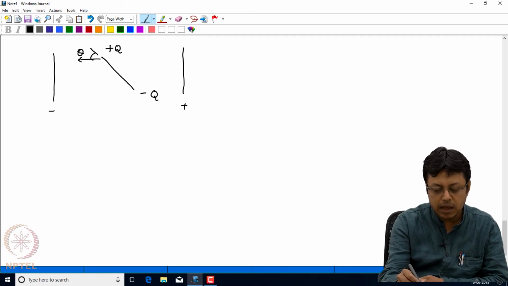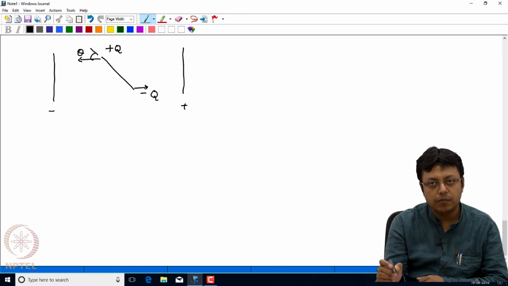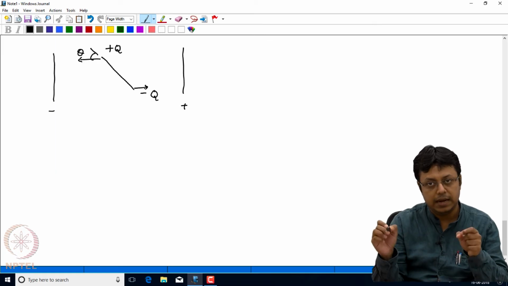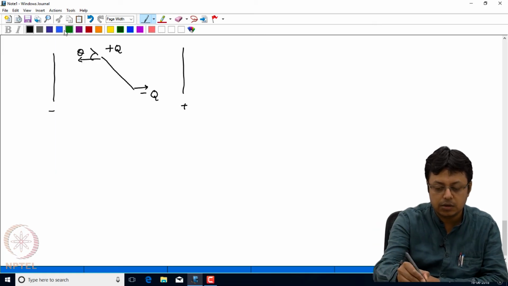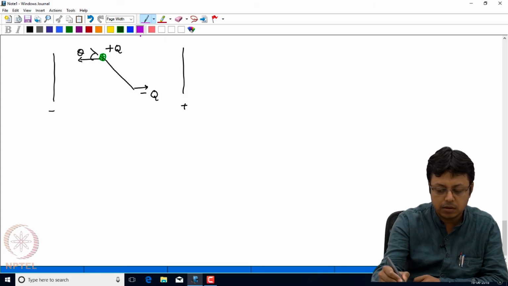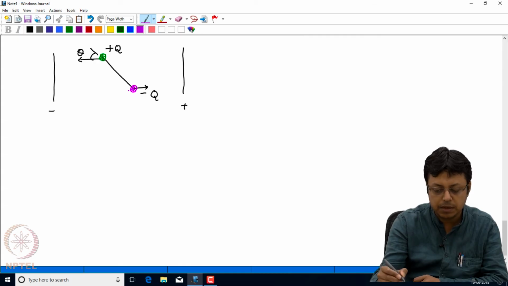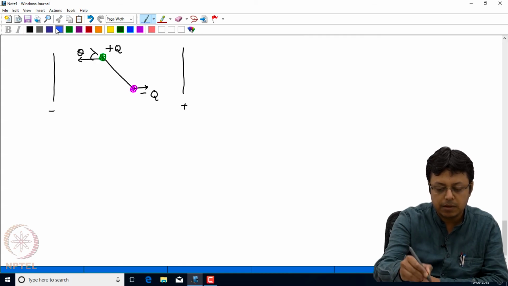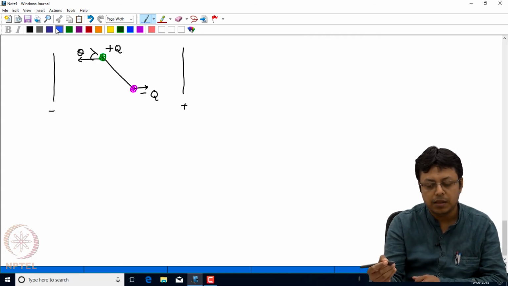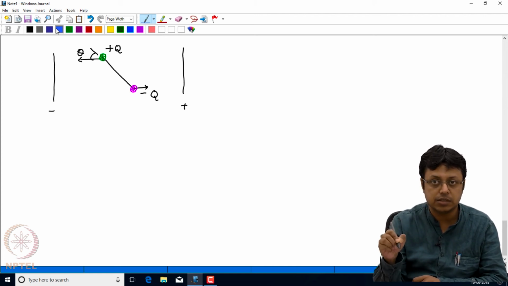And then we are having force on the dipole on the two ends. So, basically we are creating torque on the dipole, and as before I was using green for the positive side and pink for the negative side. So, we have a force created on each of the charges of the dipole.